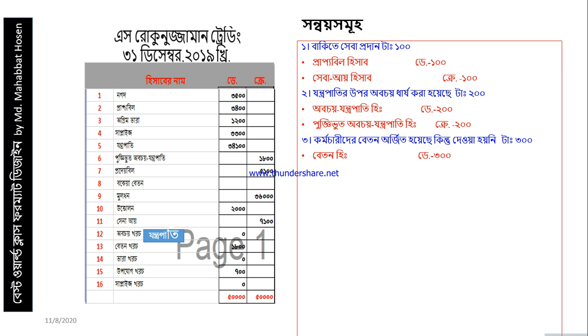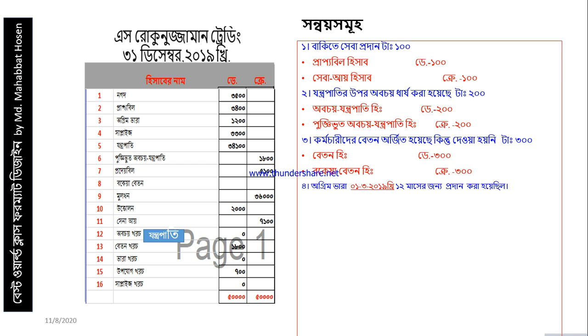As the amount has not yet been paid, that means it is a liability to the company. The company has to pay in future. So liability has increased. We know very well, if any liability increases, it will be credit. So salaries payable will be credit by 300 taka.